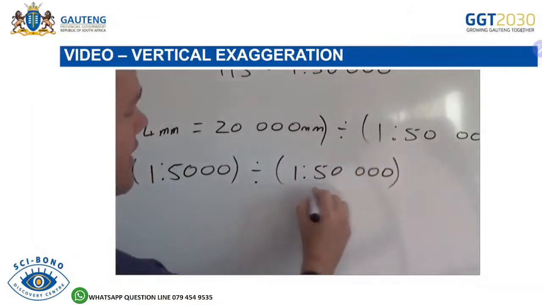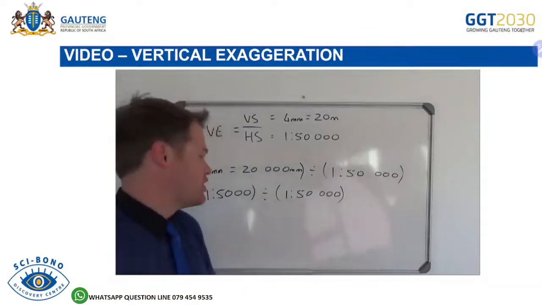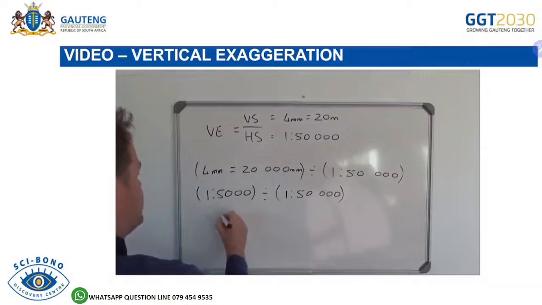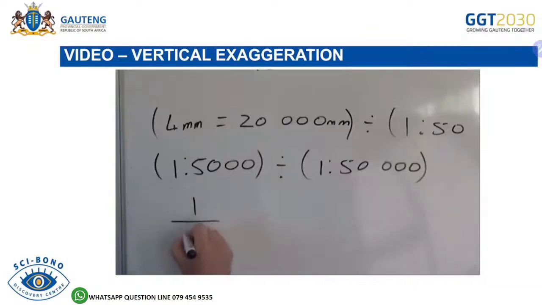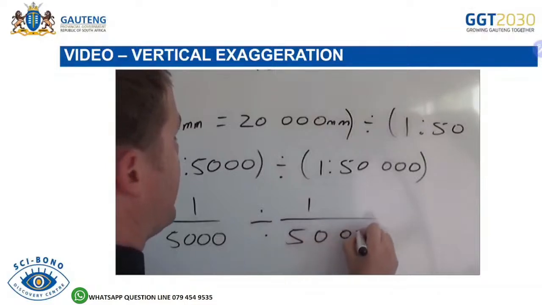We don't actually need the brackets, but now we are going to write it as a fraction again. So we have 1 divided by 5,000 divided by 1 over 50,000.